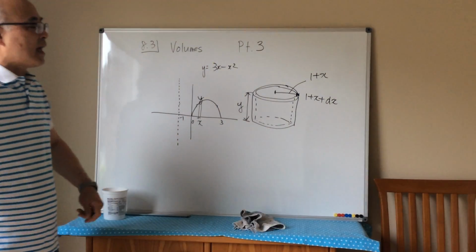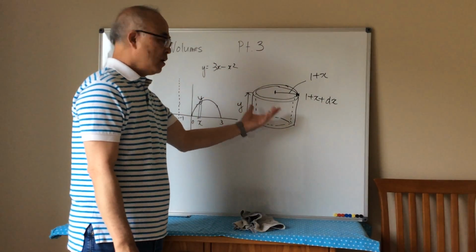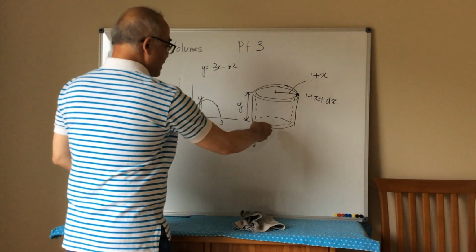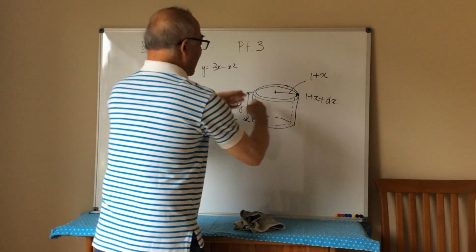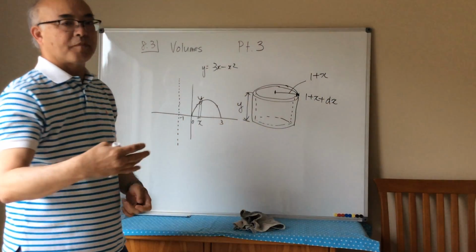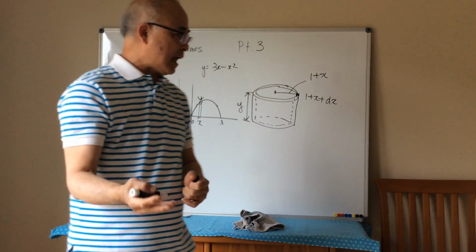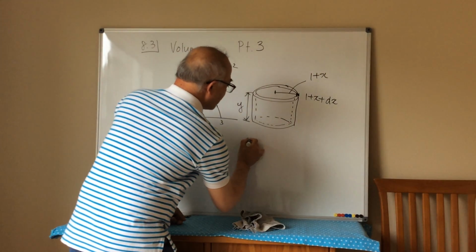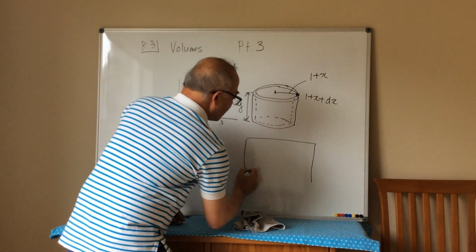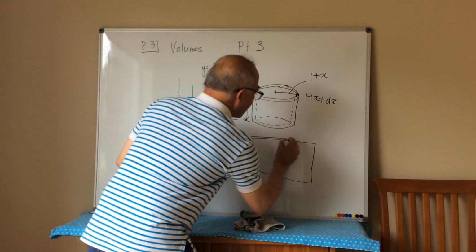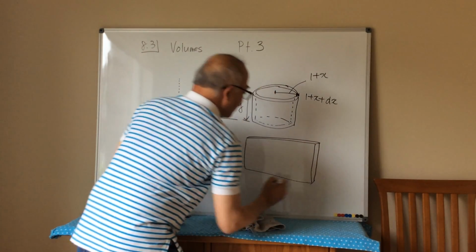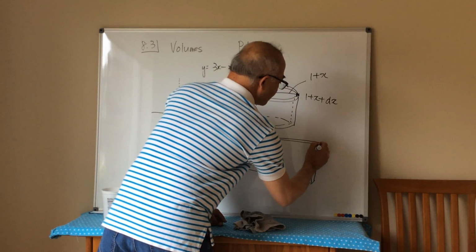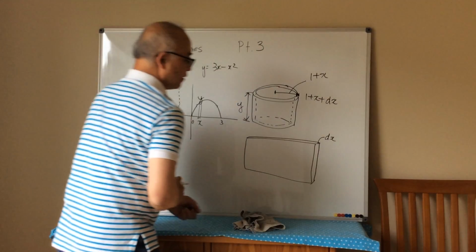How do we calculate the volume of this cylindrical shell? We slice it and flap it open, just like we did when we were talking about the surface area of a can. So we end up with something that looks like this, where the thickness here is dx.